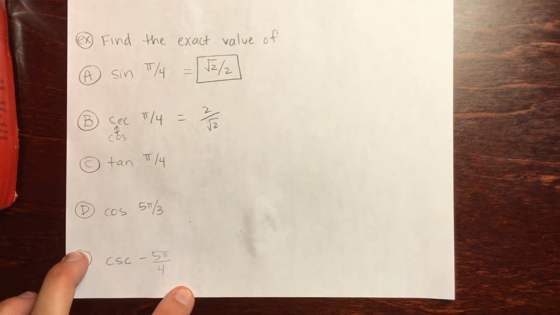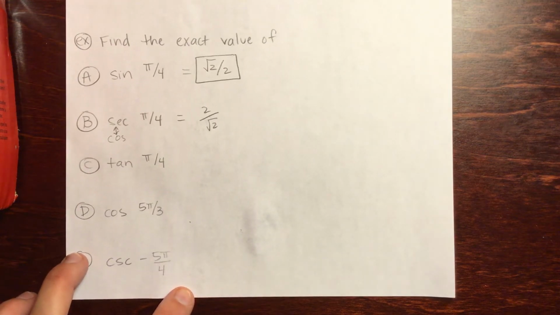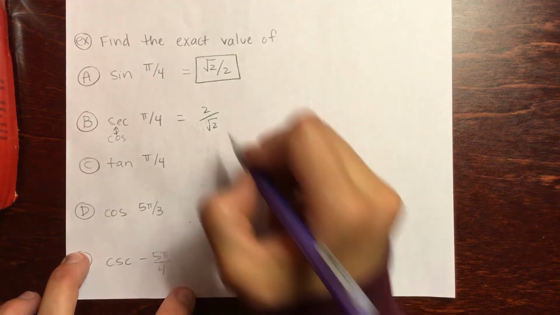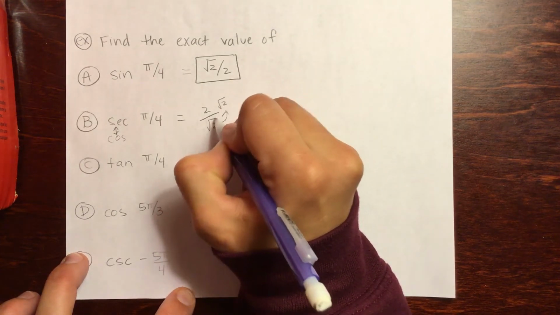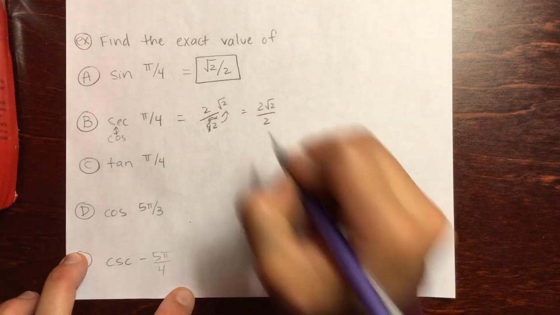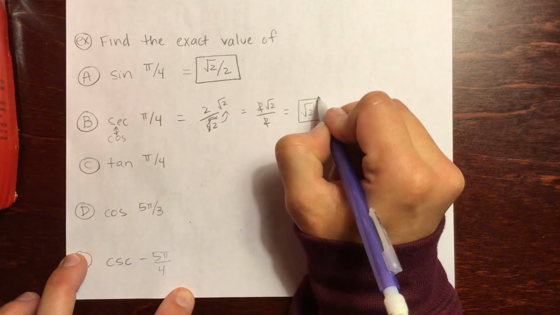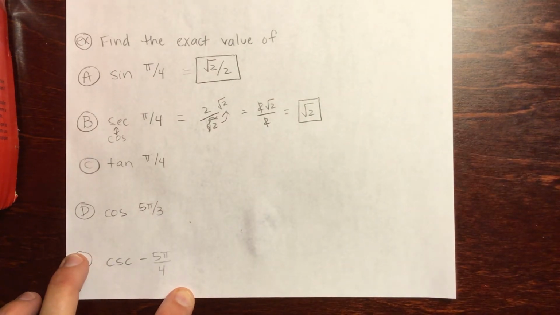I personally don't ever want you to have square roots in the denominator, and when we deal with the unit circle, you shouldn't leave a square root in the denominator either. So rationalize your denominator and simplify your fraction. My 2 over 2, neither one is under a square root, so I can cancel them. So the secant value for pi over 4 is square root 2.